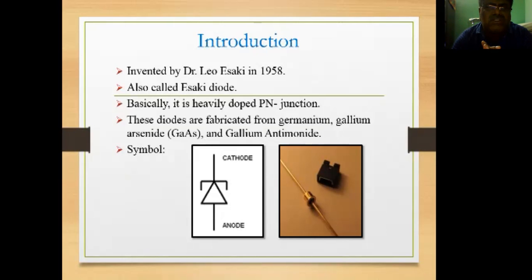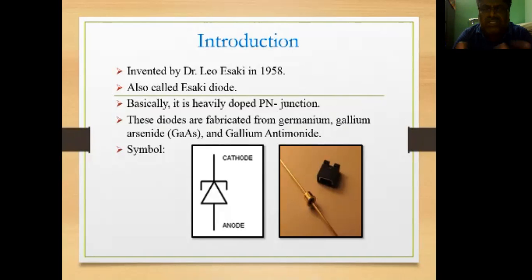The diodes are fabricated from germanium, gallium arsenide, and gallium antimonide. This is the symbol of the tunnel diode. Just like a PN junction diode, it has an anode and cathode. But tunnel diodes are operated in reverse bias, I mean at high voltages.